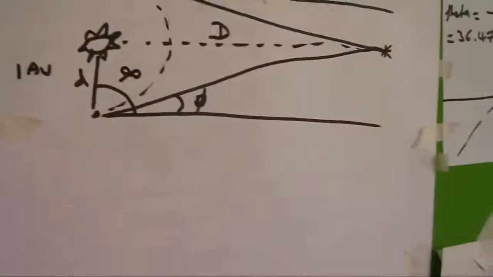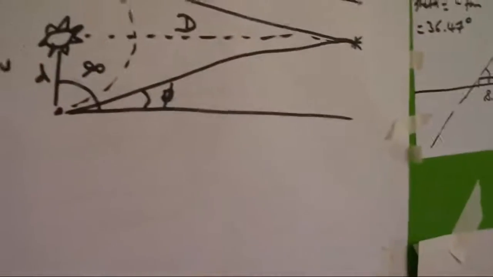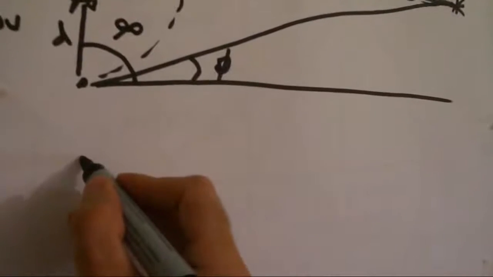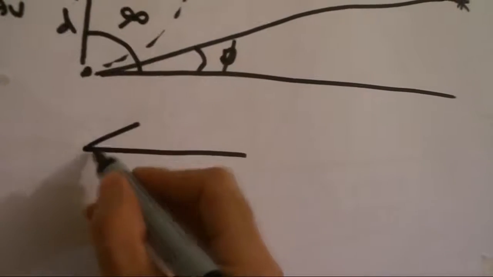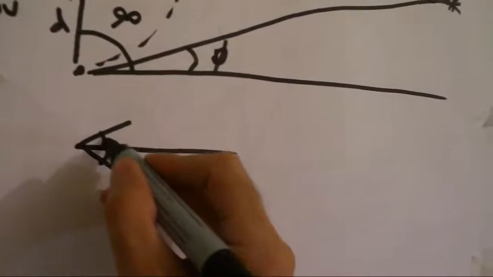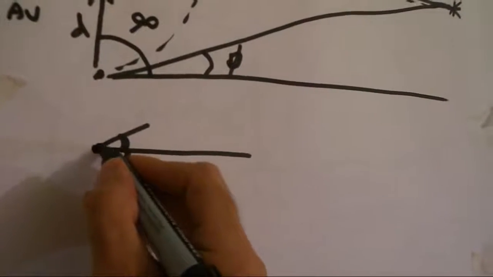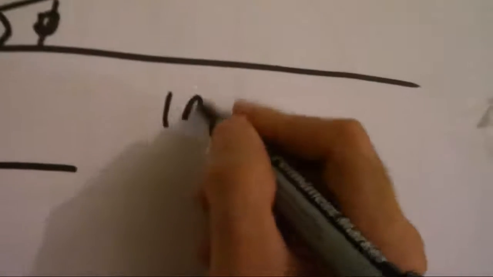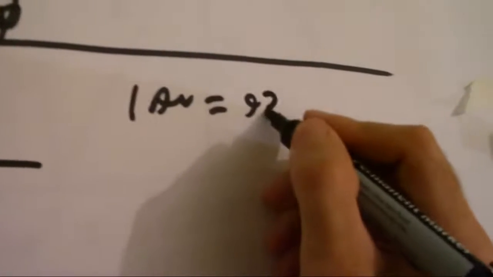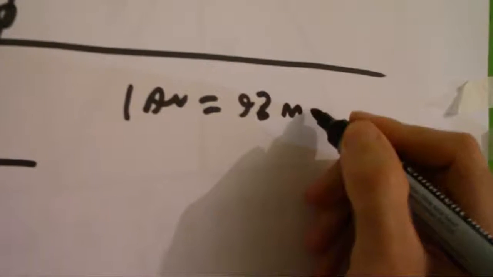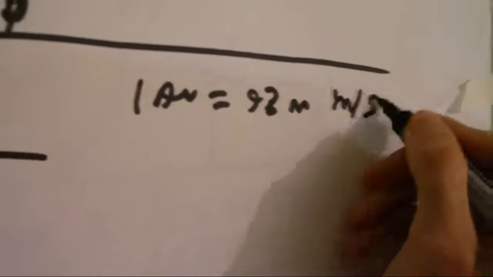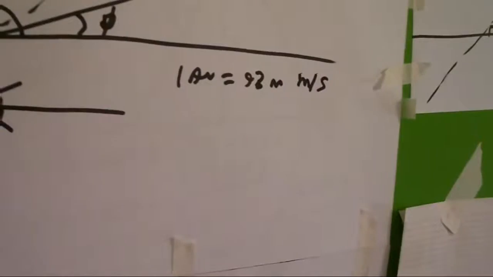Okay, so what we're interested in is a shift of these 2 angles here. Okay, like so. So what we're going to do is define 1 AU. 1 AU equals 93 million miles.